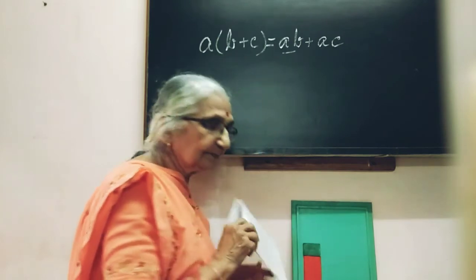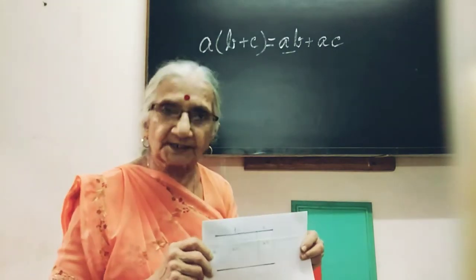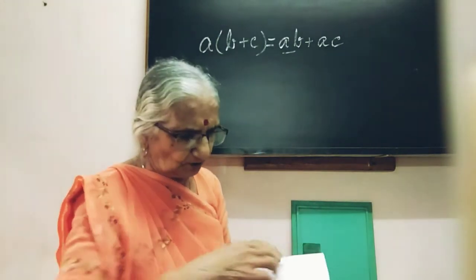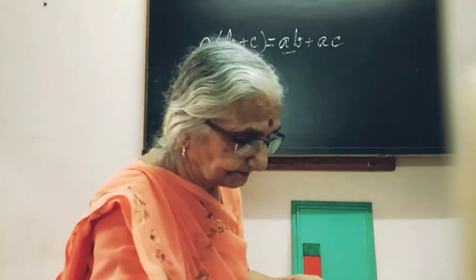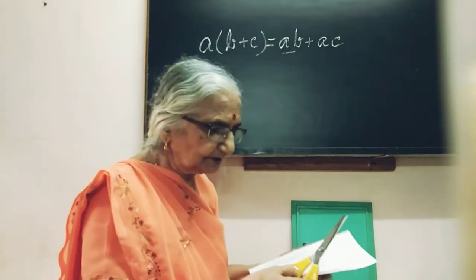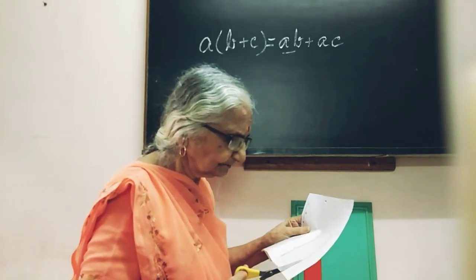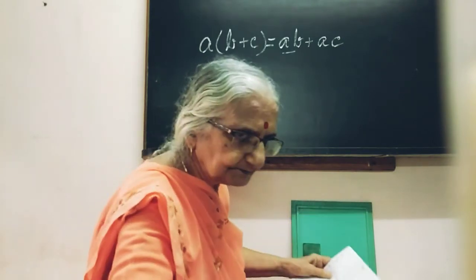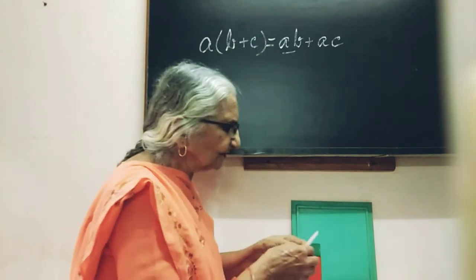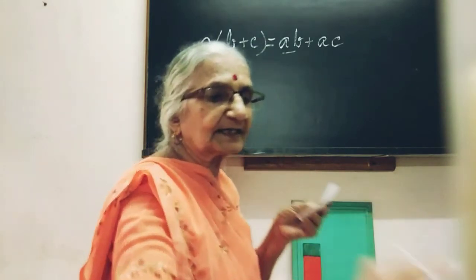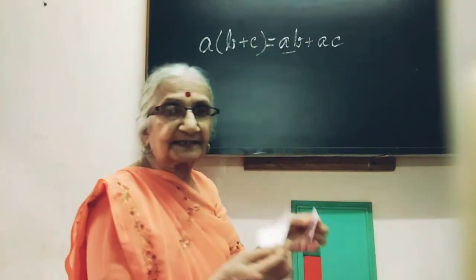Okay, I have my drawing of the model. I don't want all this, I want small pieces. Let's start cutting them into two pieces. So here we go. Here are the two pieces that I have cut my big rectangle into.